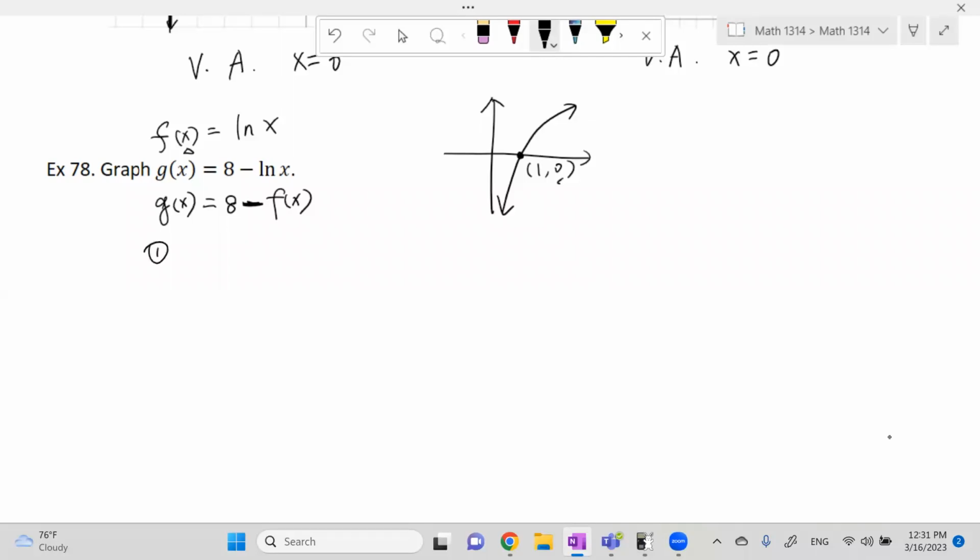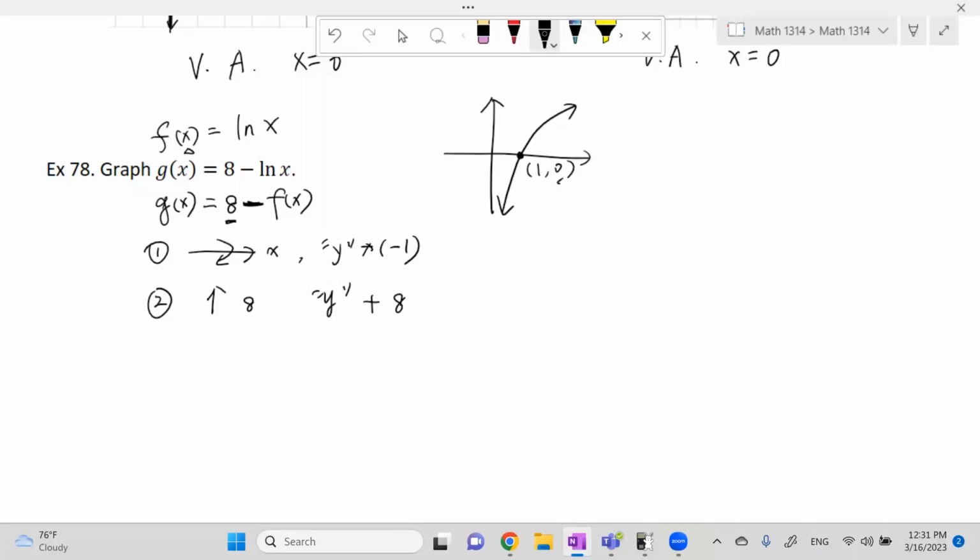So the first transformation is a reflection across the x-axis, so all the y values are multiplied by -1. Second, we have an 8 here, which means we add 8 to all of this. So we move up 8 units, meaning all the y values plus 8.